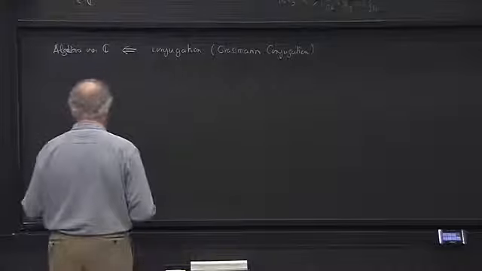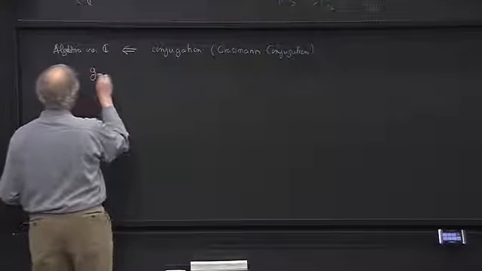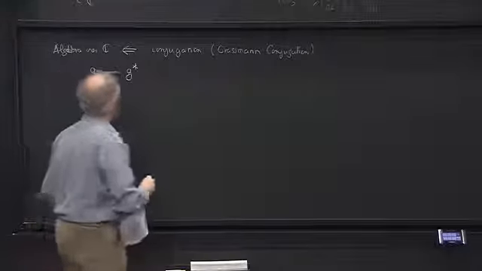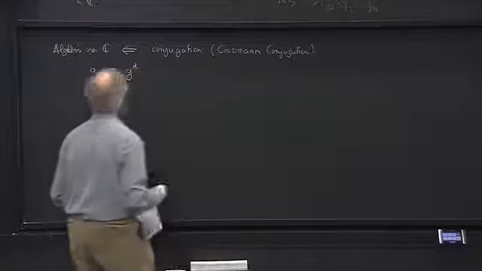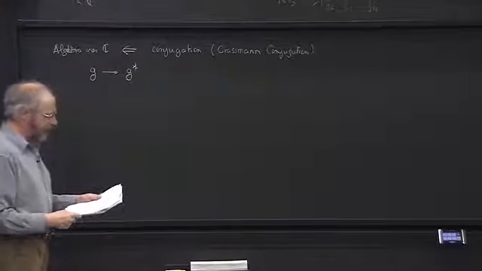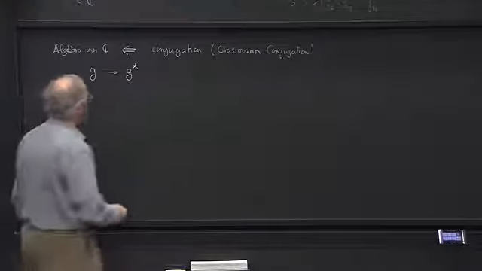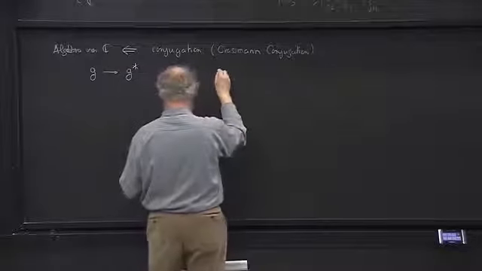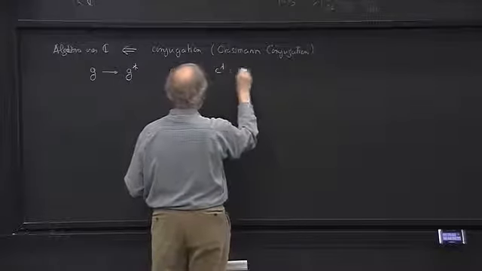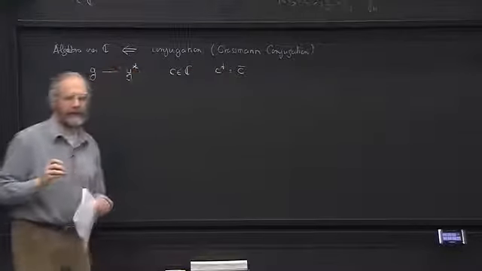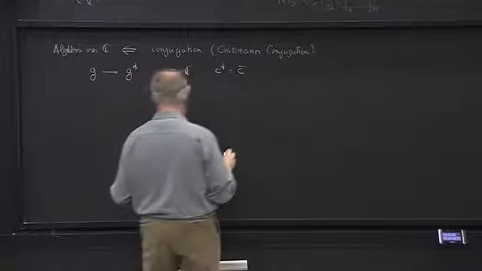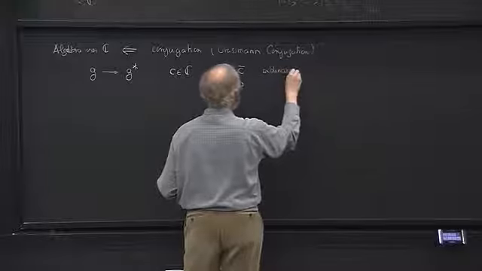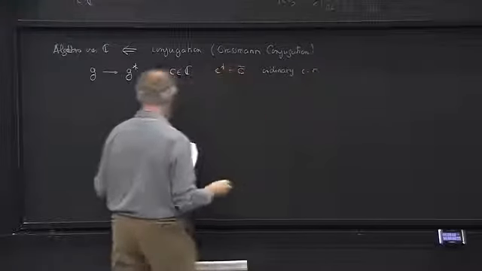So to any element G, I associate a conjugate G star. Okay? And that's defined by the following rules. For a complex number C, C star will be simply the complex conjugate of C. Ordinary complex conjugation. Okay.